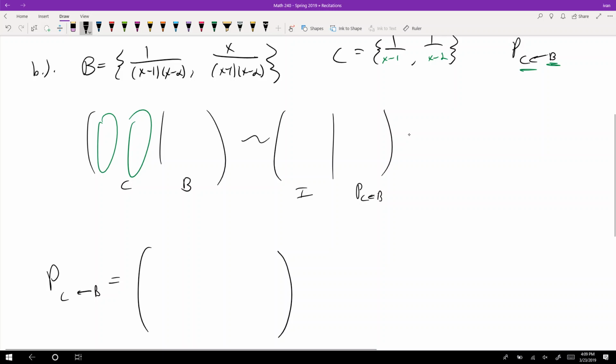Yeah, we need to write B in terms of C. So here we need to write, let's say, B1 in terms of C, and we need to write B2 in terms of C.